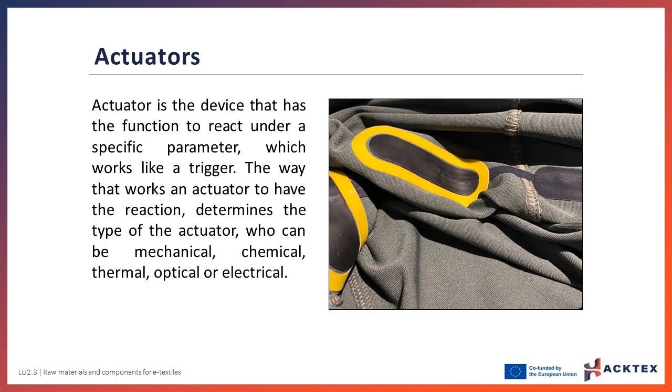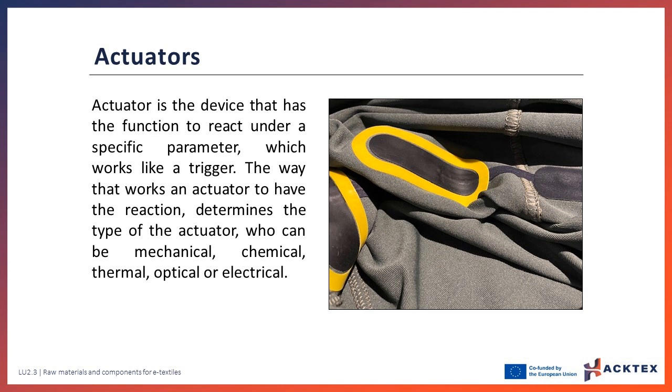Actuators. The term actuator defines the device that has the function to react under a specific parameter, which works like a trigger. This reaction can be an alarm, visual or audible, a vibration, or a temperature change, and the categories of the actuators are according to the type of the reaction, namely the outcome signal.